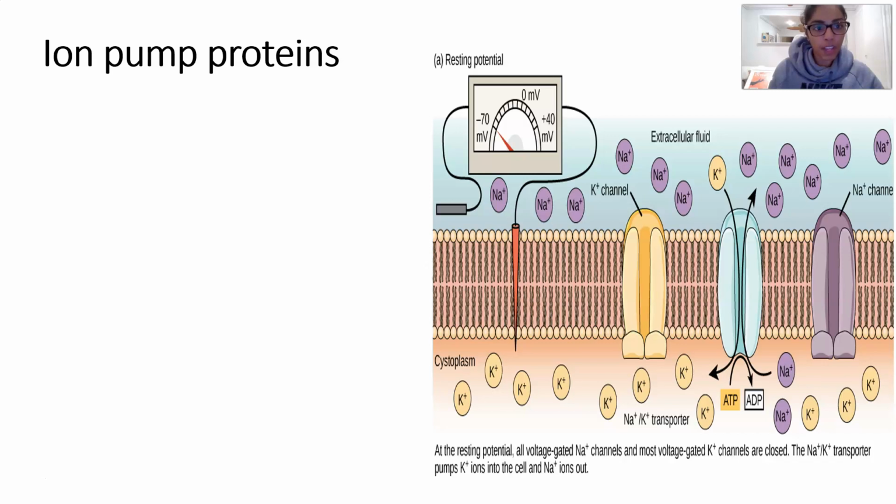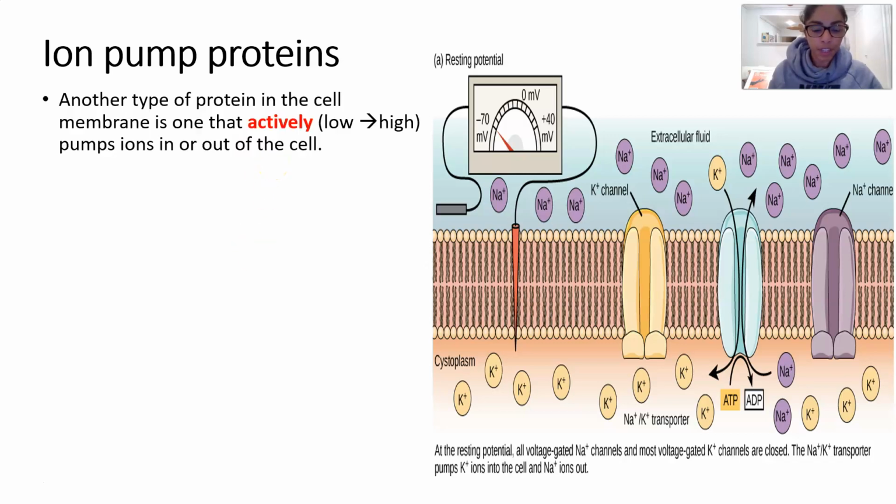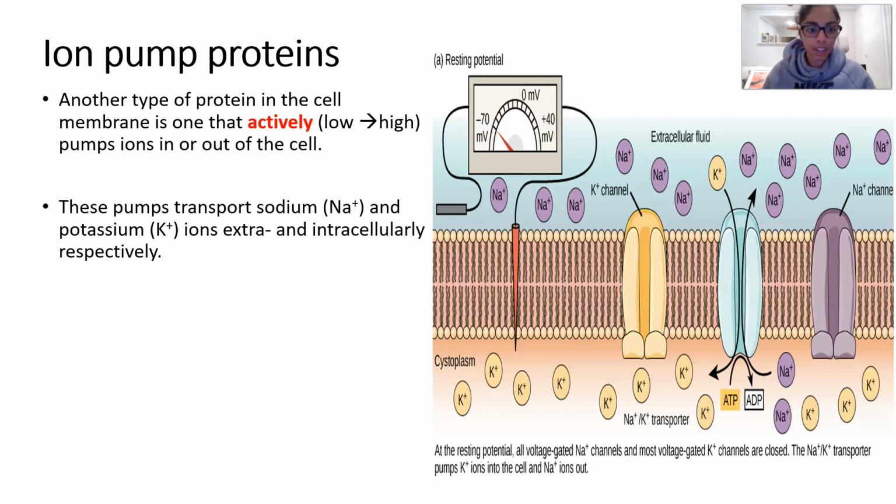Okay, so the ions have channels, and there is also something called the sodium-potassium pump. Just to remind you, active transport is the movement of particles against the concentration gradient. So that's to say we are moving from a low concentration to a high concentration.